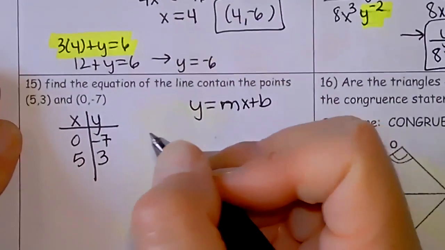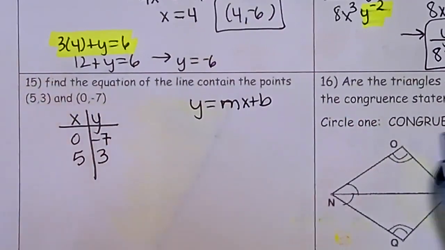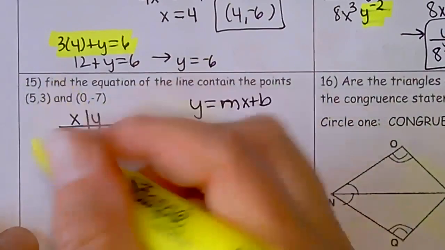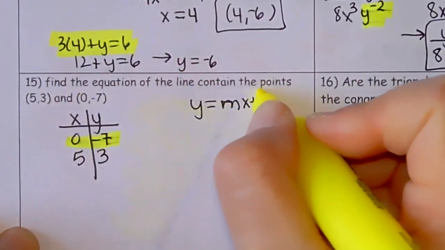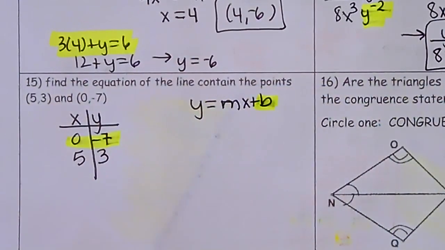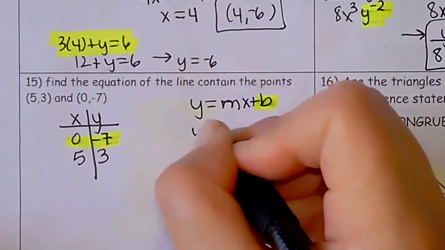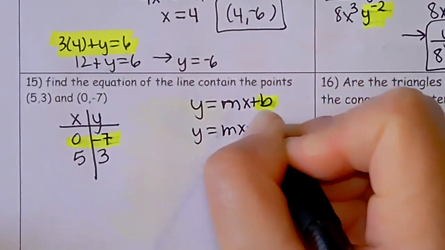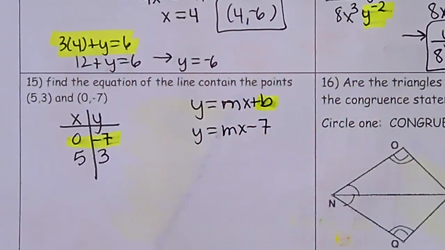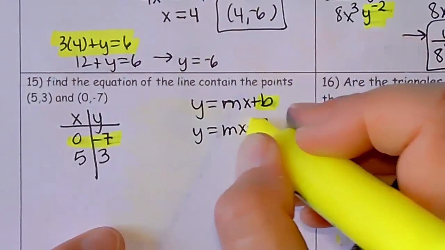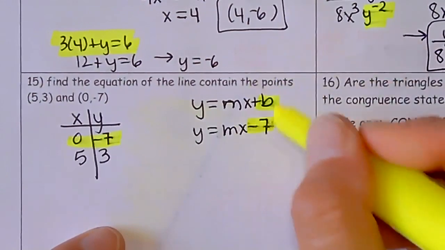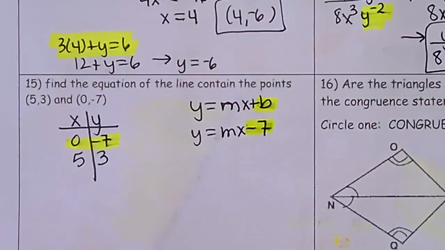Okay, so the first thing is, if you know your 0, that is going to be your y-intercept. So at this point, I know it's going to be mx minus 7. Let me just highlight that so you can see where everything's coming from.